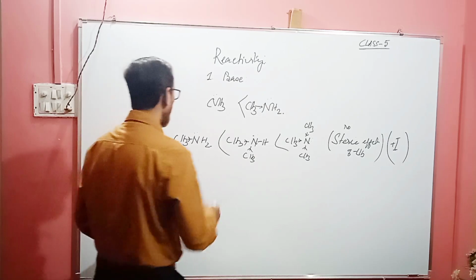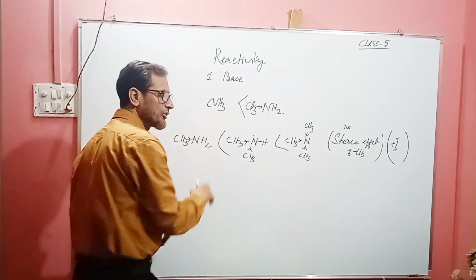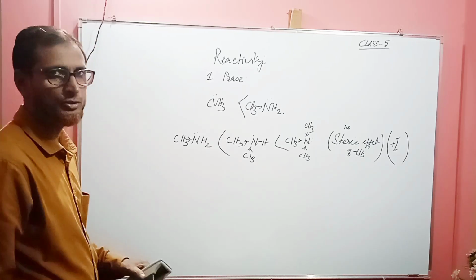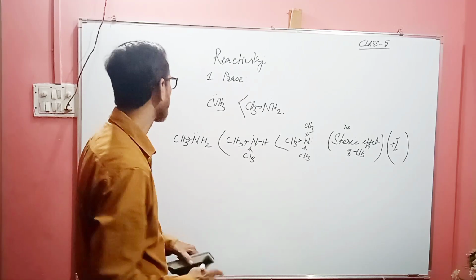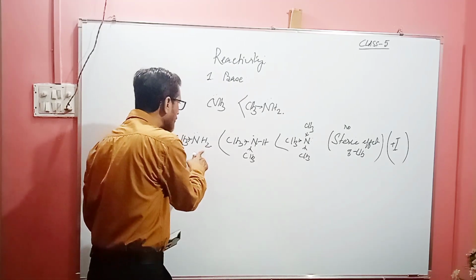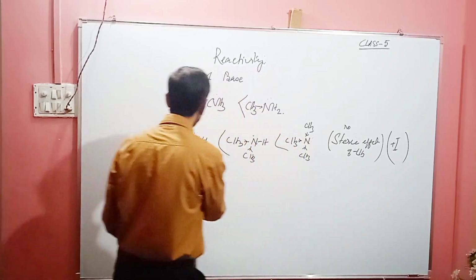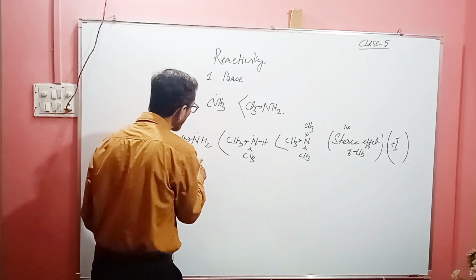I told you the more the number of H, the more the solvation, the more the stability of the alkyl substituted ammonium cation, and the more the basicity. So here hydrogen is 2, hydrogen is 1, hydrogen nil. So the more the hydrogen, the more the basicity, the more the stability.